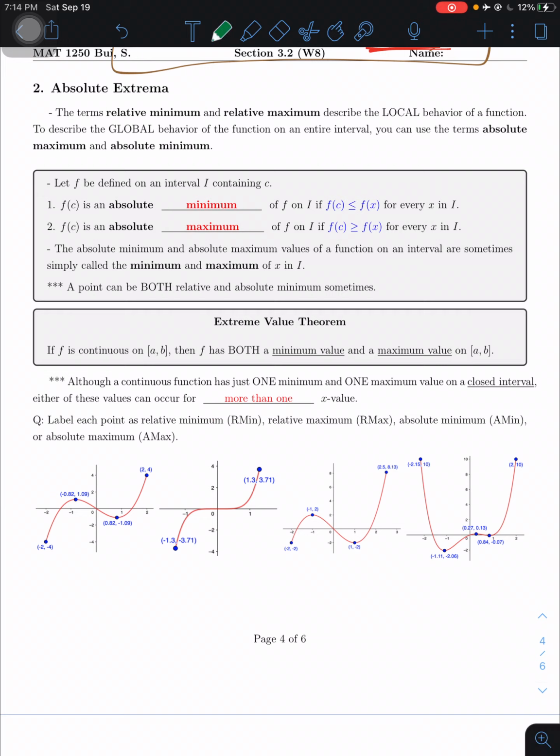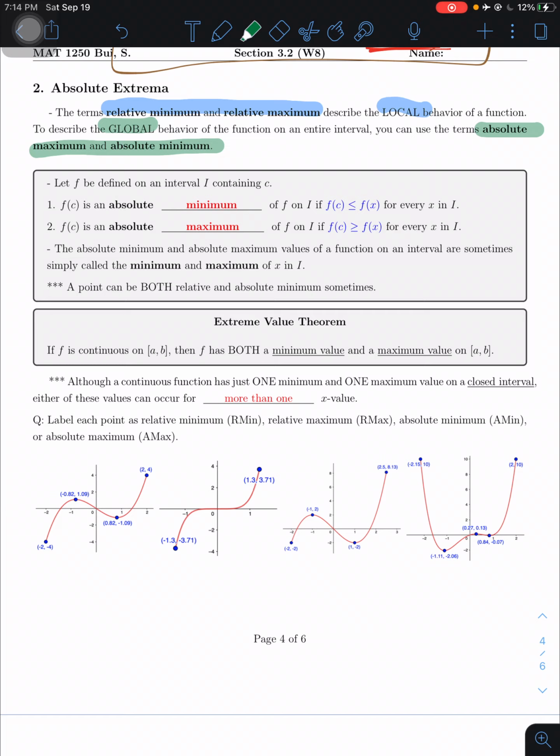So just to make it clear, relative refers to local, and absolute refers to global, okay? And again, I'm not going to test you too much on the terms in here, so don't worry. A lot of you may get confused about local and global because it's just an English issue, and I'm not going to judge you too much on that one, okay?